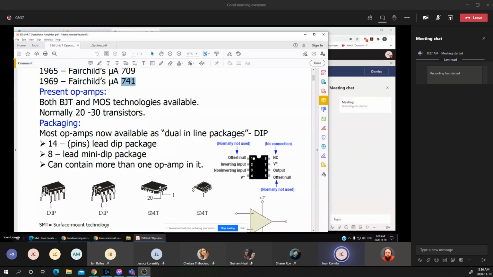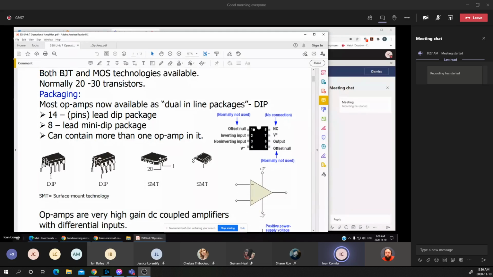Usually, or normally, we have 20 to 30 transistors. There is a small change in this basic, first operational amplifier that makes different operational amplifiers for different applications.